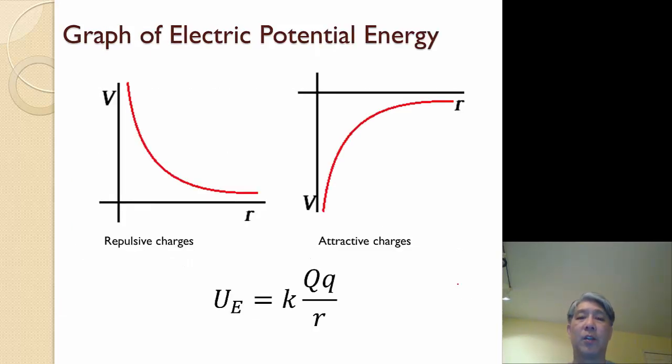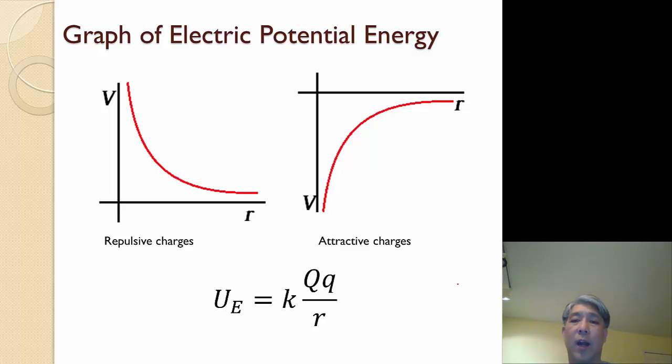Looking at graphs for the potential energy, on the left side we have the potential energy associated with repulsive charges, notice that it's positive, and attractive charges on the right hand side. The formula is given on the bottom, and this is the graph of a function that's 1 over r. It's a hyperbola in mathematical terms.